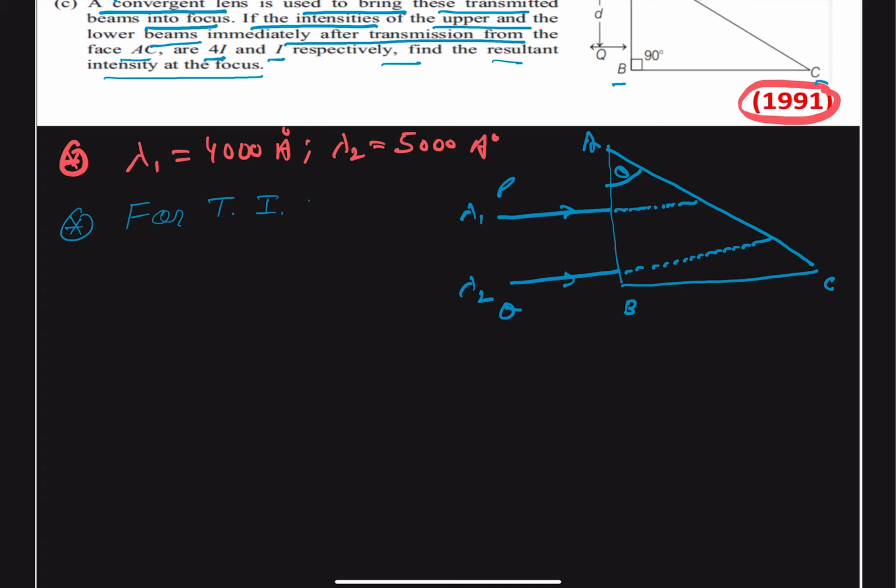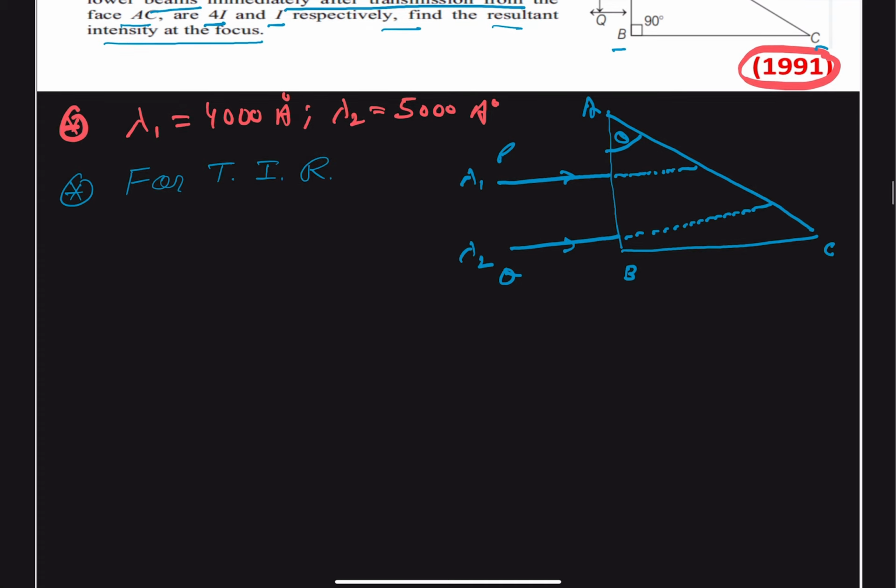And the condition for total internal reflection: light will be total internally reflected only if the angle of incidence is greater than the critical angle.